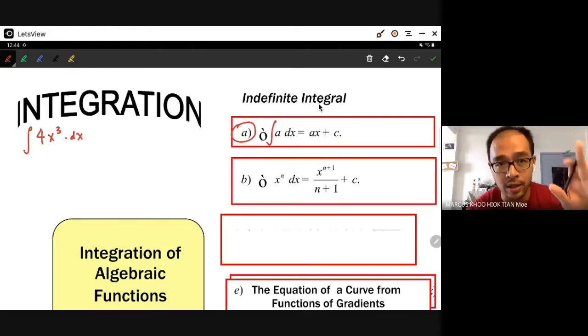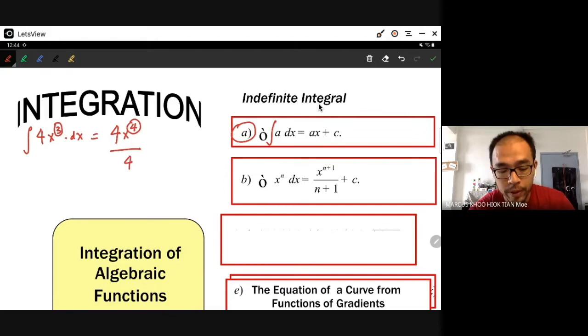Don't disturb it. So the 4 will remain 4, but the x we raise by one power, so it will become x to the power of 4, over the same power, 4. And then of course plus c, because it's an indefinite integral.